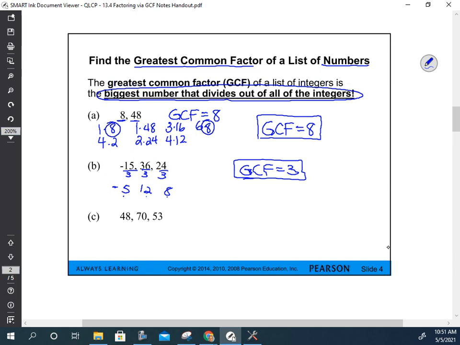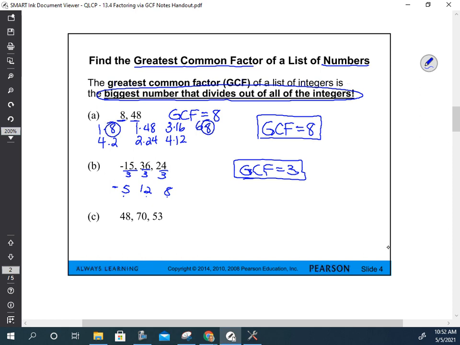All right, then part C. 48, 70, and 53. Is there a number that divides into all three of them evenly? You're probably thinking there's nothing that works because of that 53.